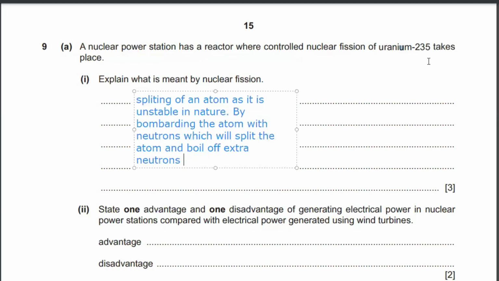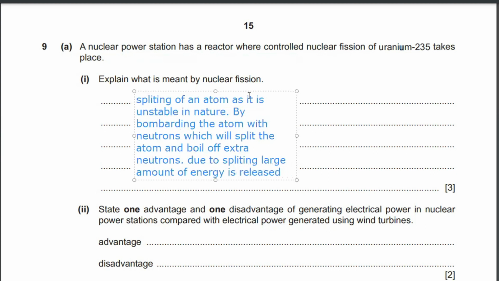So they will move on and hit other uranium atoms. Now the chain reaction will take place. Now we have nuclear fission happening throughout, let's say, a uranium ore or a block of uranium. Due to the splitting, a large amount of energy is released.